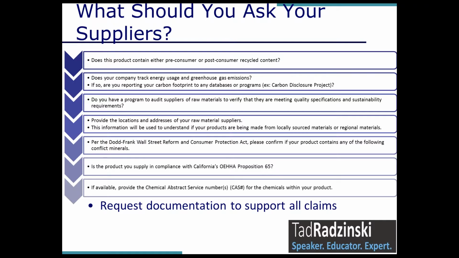So again, some of these questions, things like, does your product contain either pre or post-consumer recycled content? Do you track energy usage and greenhouse gases? This is something you can ask of a supplier that's making parts for you, or your office supply company, or your cleaning company. Any of these things could be asked. This is a really good one too.